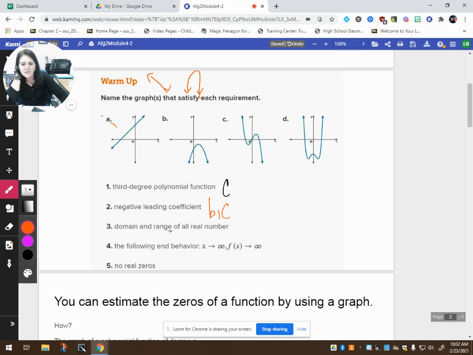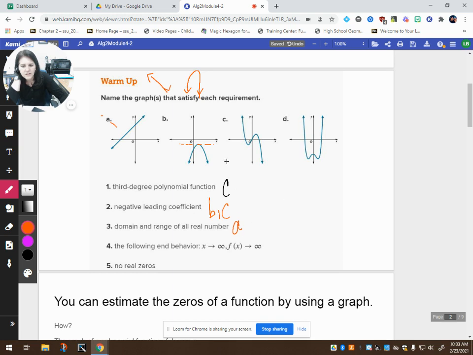Okay, and the domain and the range are all real numbers. So this, as x goes up, y is going up. As x goes down, y is going down forever in both directions. So I know that it has a domain and a range of all real numbers. While B has a domain of all real numbers, as x can get bigger and bigger or smaller and smaller, but it doesn't have a range of all real numbers because you can see that there are no y values up here.